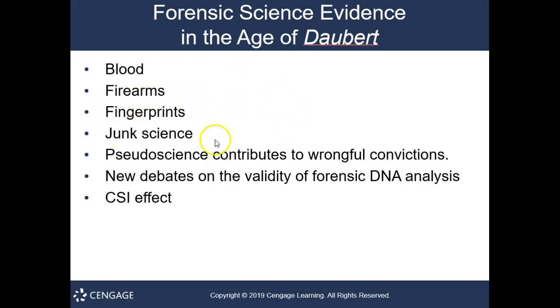There's also junk science. This is science that has not been generally accepted. Someone is doing studies on things and they think they found something, but the scientific community has not yet recognized it as real science. And those are things that they will not allow. It's not sufficiently reliable. Pseudoscience contributes to wrongful conviction.